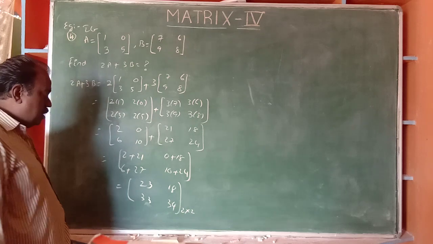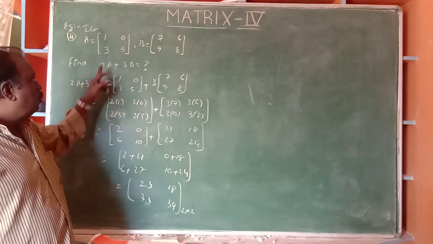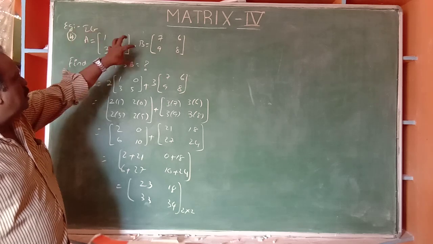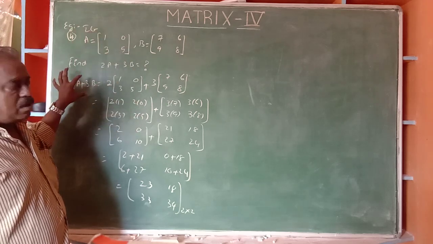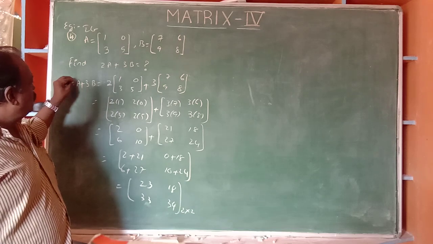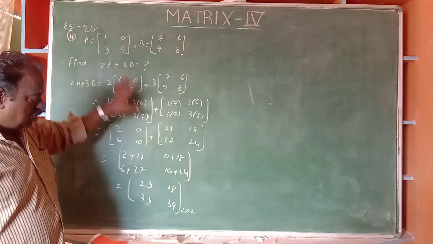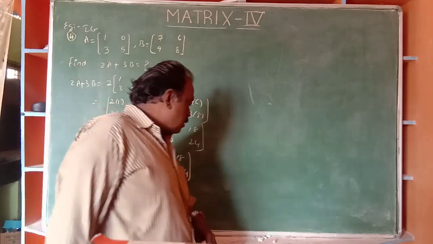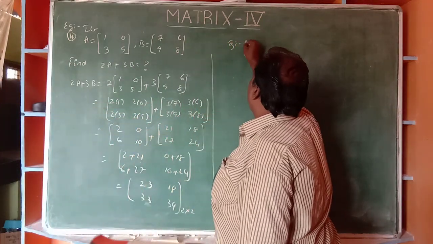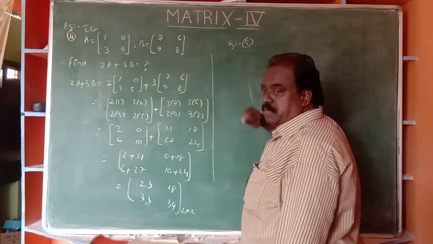The order of the resulting matrix is also 2 by 2. Here the two concepts: addition of matrices is there, and with a constant we are multiplying. Both concepts are given.